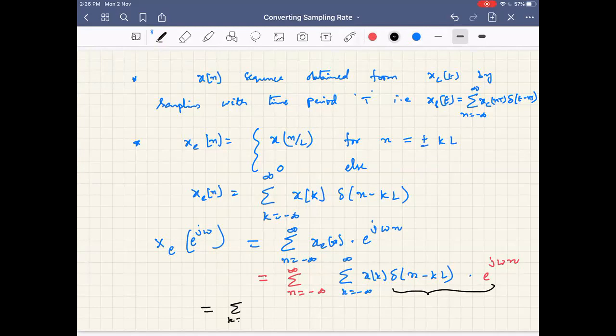So we have summation over k from minus infinity to infinity of x of k, and then summation over n from minus infinity to infinity of delta of n minus kL e power minus j omega n. What do you think this is?